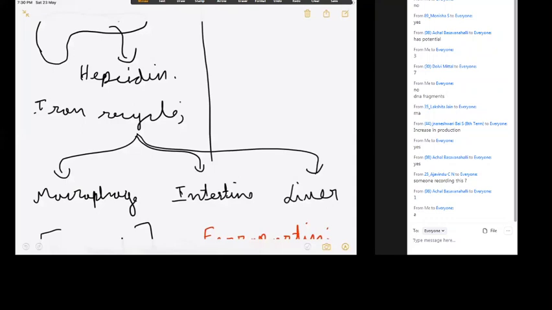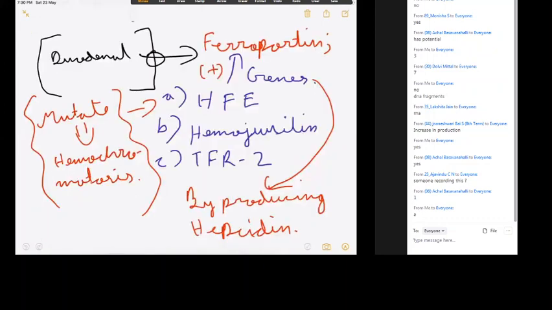This condition is called hemochromatosis. Okay, I'll just do a recap. See, your hepcidin is coded by these three genes: HFE, hemojuvelin, and TFR2.